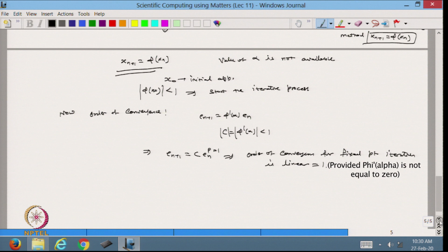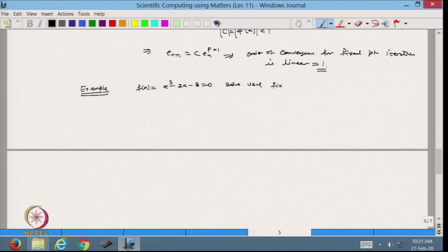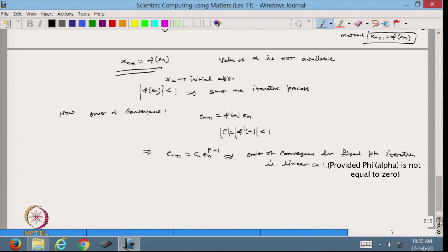I want to solve this using fixed point iterations. I could solve this with bisection also, but I want to solve with fixed point iteration. So, I need to convert this into the form x equal to phi x.